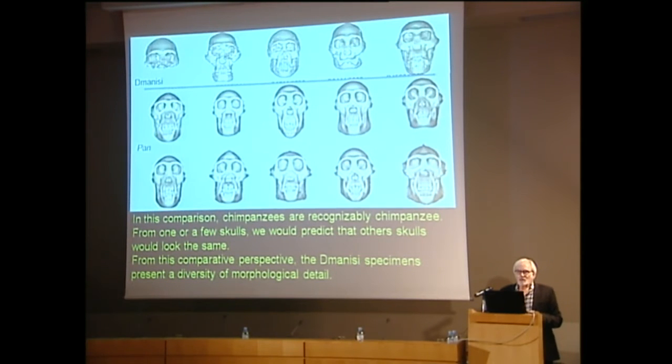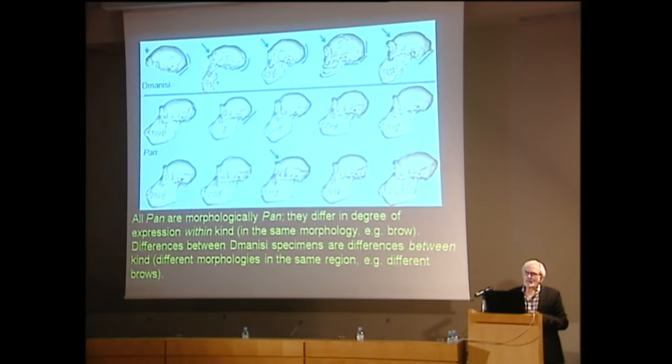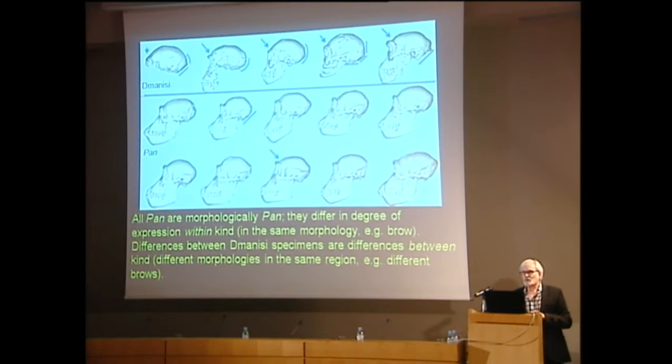In other words, if you had a chimp skull, would you predict that another skull would look like that if it belonged to the same species? And indeed, as Christoph also pointed out, there are differences amongst the Dmanisi specimens in terms of cranial shape and other sorts of features in terms of the brow. So if I ask the question, would you be able to predict from one skull of a chimp or Homo sapiens that the next specimen that would belong to that species would look similar to it?